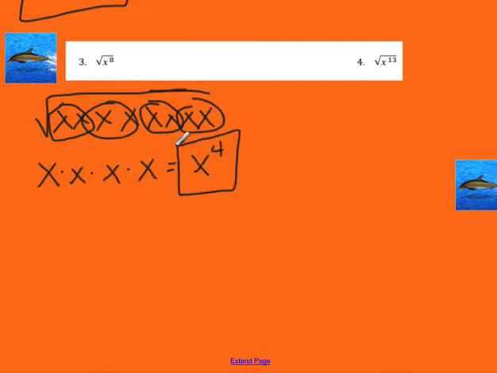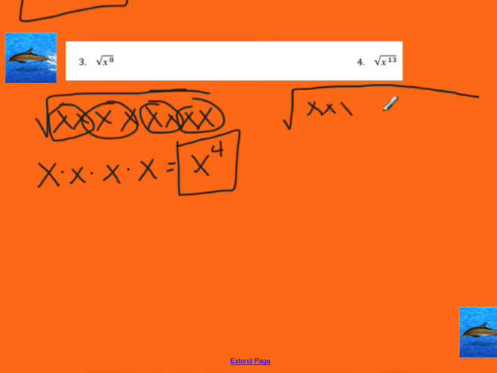Okay. Now let's take a look at x to the 13th. So we're going to have 13 x's underneath there. So I'm going to have 1, 2, 3, 4, 5, 6, 7, 8, 9, 10, 11, 12, 13. So that's a lot of x's. So I'm going to find my pairs. I have 1, 2, 3, 4, 5, 6 pairs, and then I have one lonely x left without.